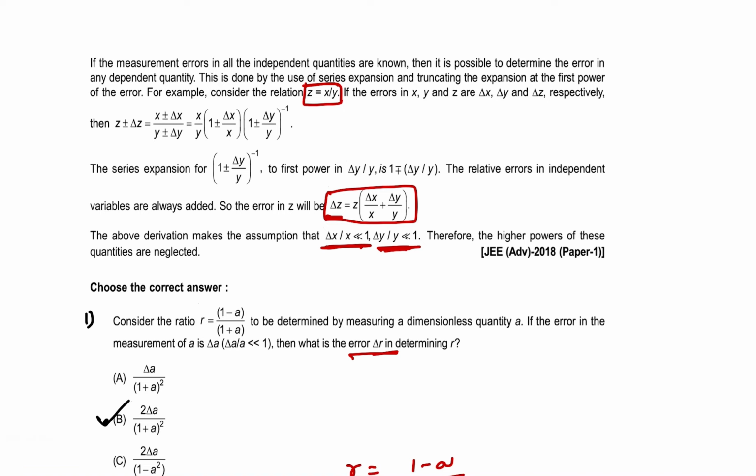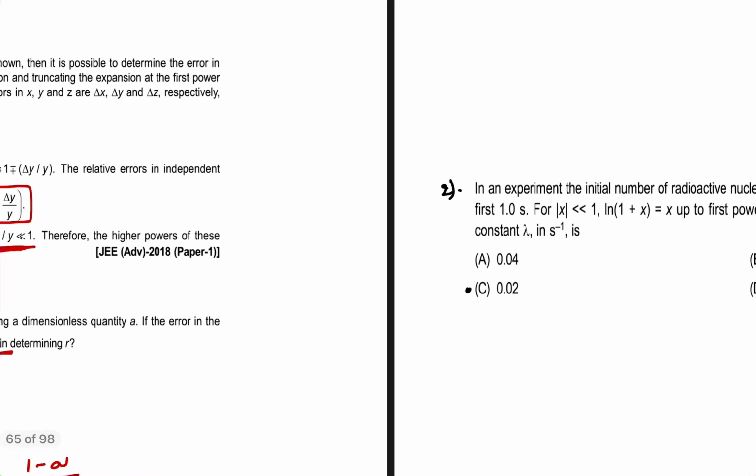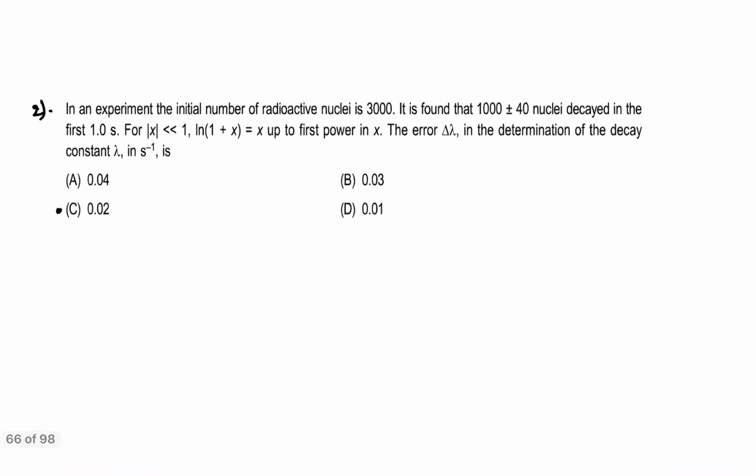In an experiment, the initial number of radioactive nuclei is 3000. It is not the second question actually. In 2018 paper 1 they have given that passage question. First question is this, and now we are doing the second question. In the second question they have given, in an experiment the initial number of radioactive nuclei is 3000.